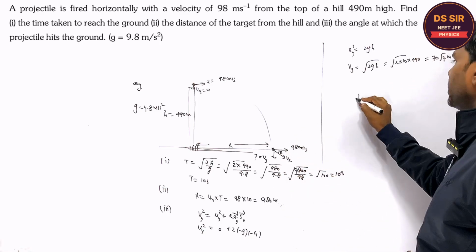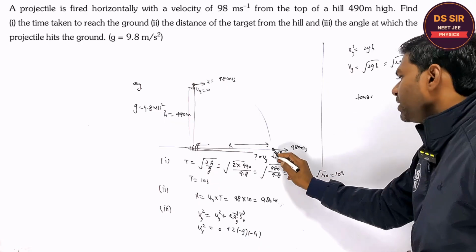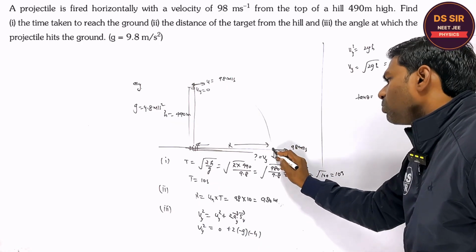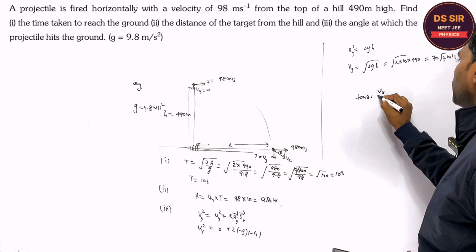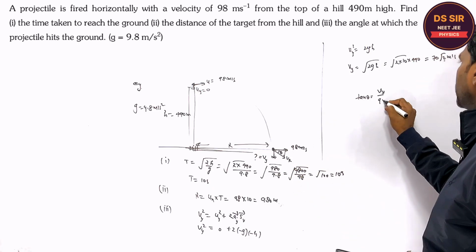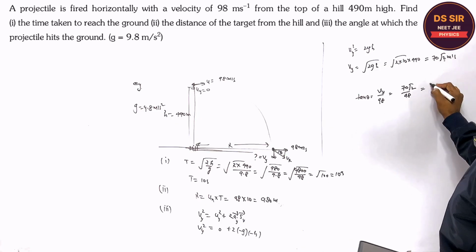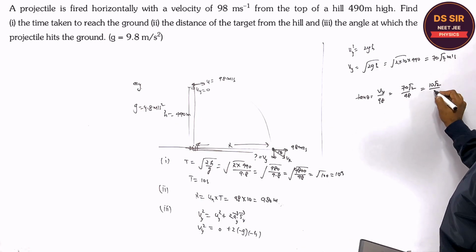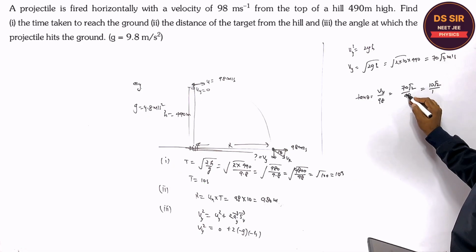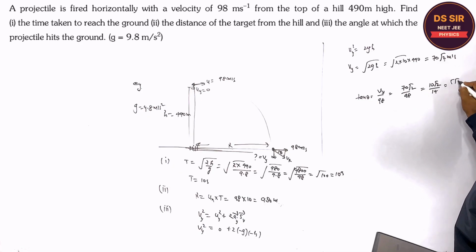So the angle: tan theta is what? Tan theta is perpendicular upon base. What is the perpendicular? Vy. What is the base? 98. So Vy is 70 root 2 upon 98, right? 7 ones are 7, 7 fours are 28, so 5 root 2 upon 7.